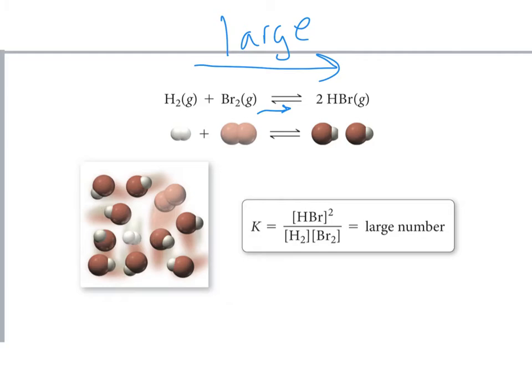Now, that should make some sense to you because the larger K is, the bigger this number is, right? The bigger this is, and the smaller these two are, right? And so a large number means that you have a lot of product and a little reactant. A small number means you don't have very much product and you have a lot of reactant, okay?